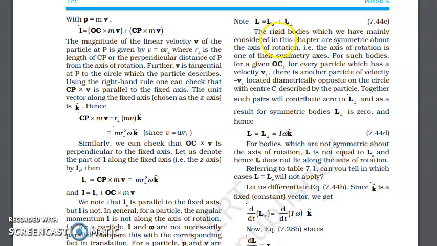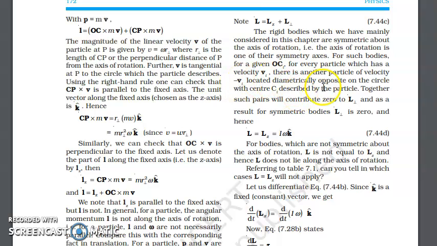Now if we go for the symmetric body, mostly the bodies are symmetric, like we have taken disc, thin rod, sphere. All the bodies which we generally take are symmetric about the axis of rotation, that is, the axis of rotation is one of their symmetry axes. For such bodies, for every particle there will be a component of velocity in one direction from the origin, while diametrically opposite there will be another component, minus vi.